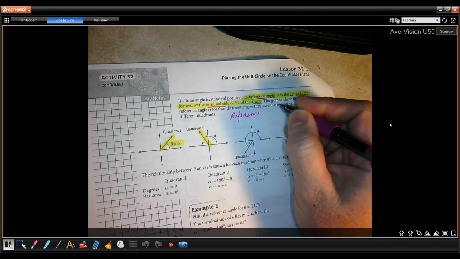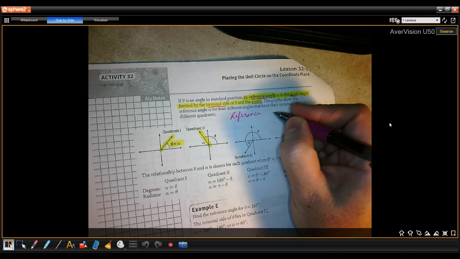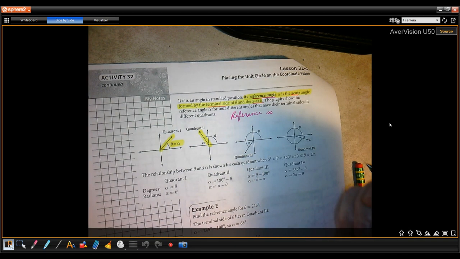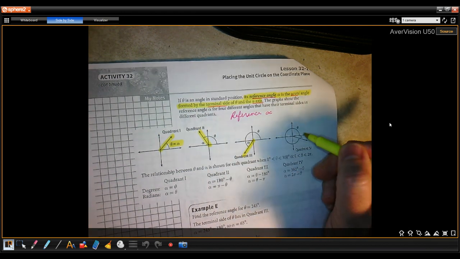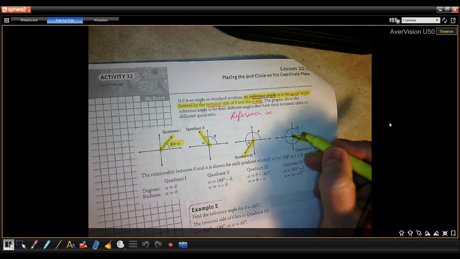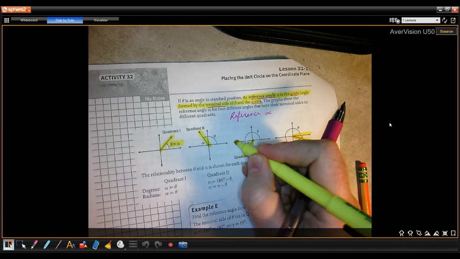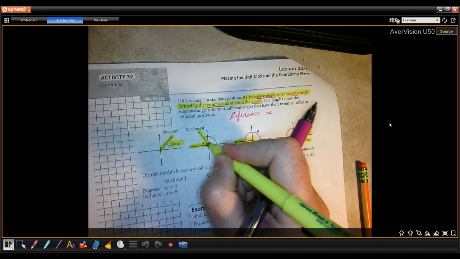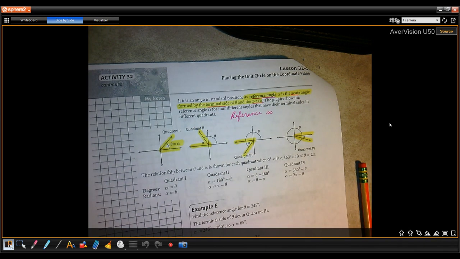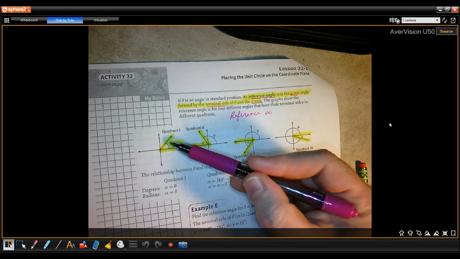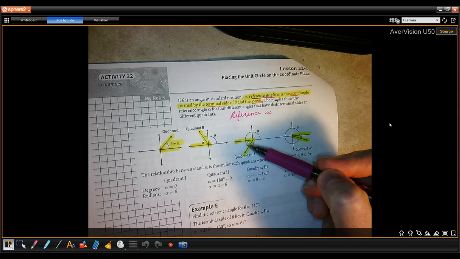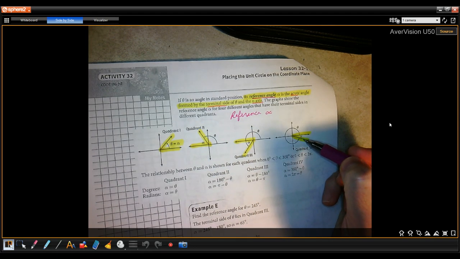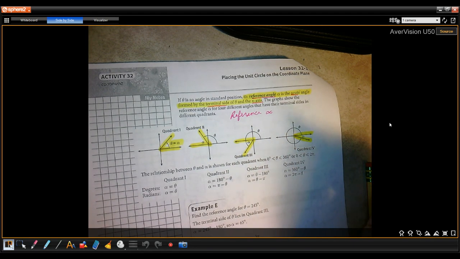Then down here, here's the reference angle. I'll highlight it like that. That's the reference angle because you see it's the terminal side and x-axis, terminal side and x-axis, terminal side and x-axis. So those are the reference angles.